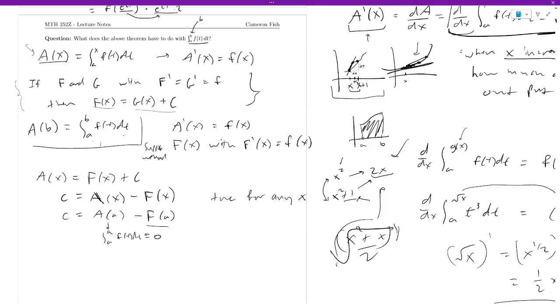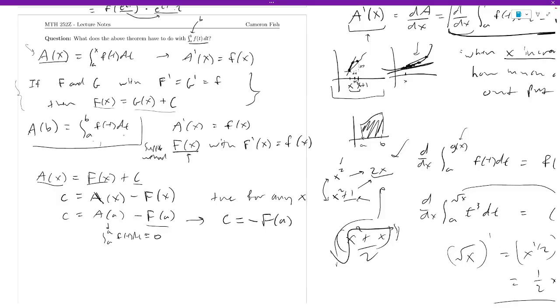So, again, if I have this other function, big F, whose derivative is little f, I know it's related to A. A is in fact big F plus some constant, and you actually know what the constant is. Based on this equation, the constant better be 0 minus F of a, so negative F of a.